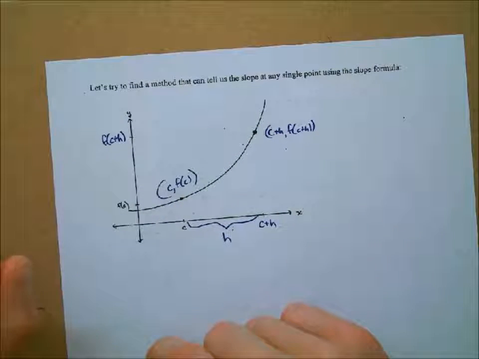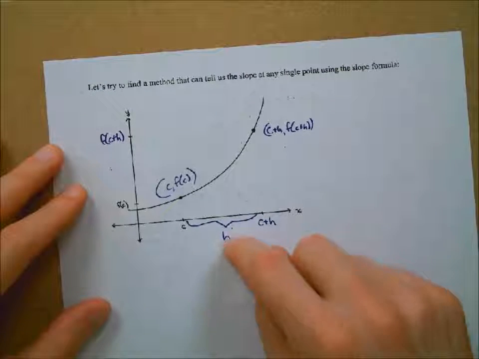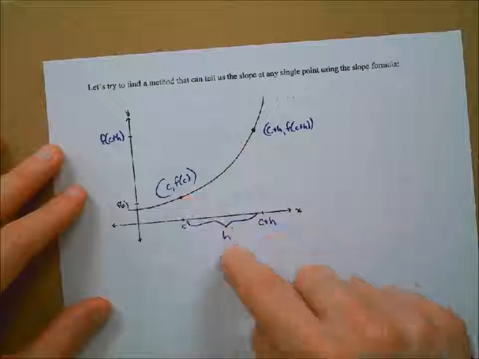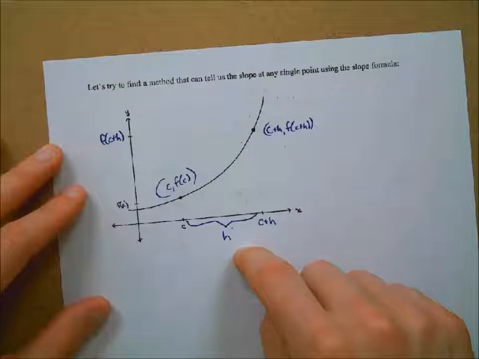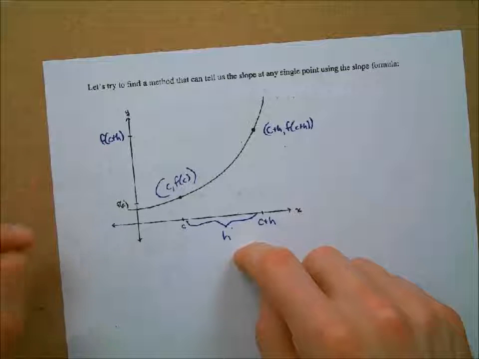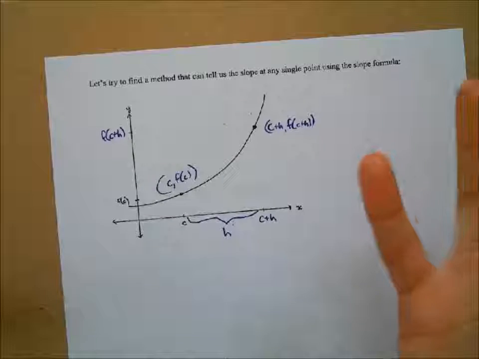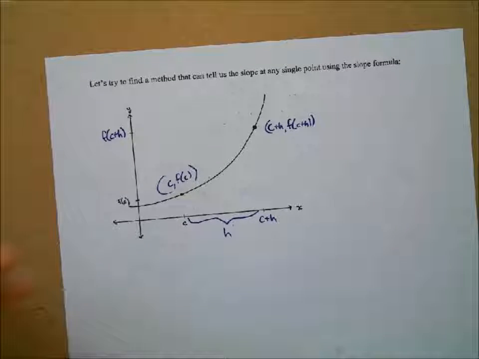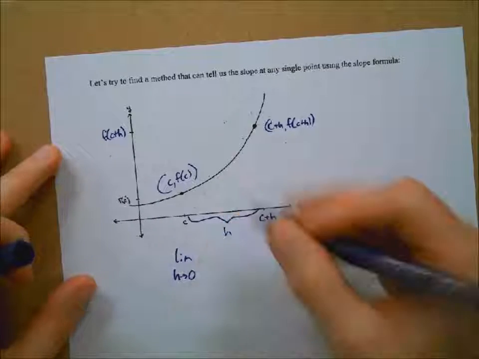Mathematically, if we want to bring this point in, what should we do with h? Make it smaller. In fact, we want h to get closer and closer to what number? 0. What do we use in mathematics to approach something? A limit. So we'll do the limit as h approaches 0 of this secant slope.